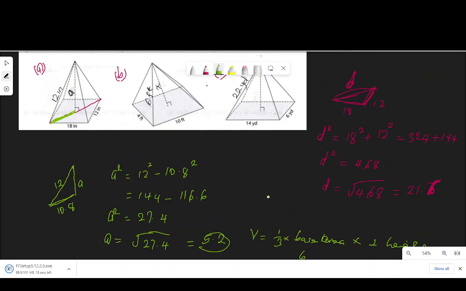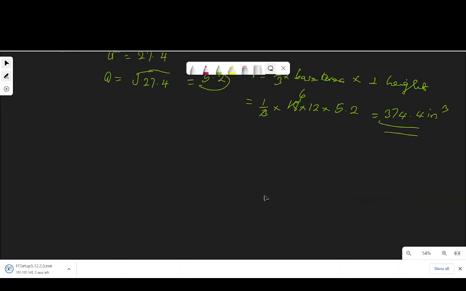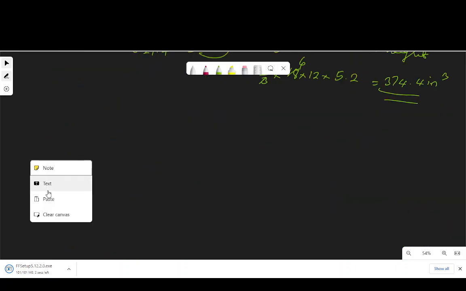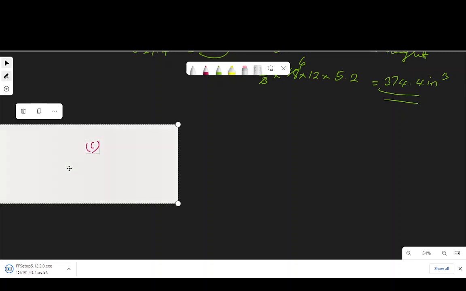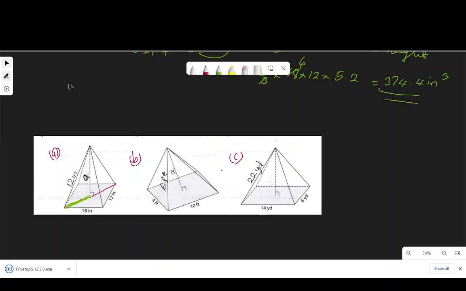And let's go on to the second one. The second one, let me copy this and bring it down so you can see it at a glance. Paste it here. Okay. That is that. Again, the perpendicular height of the pyramid is not given.